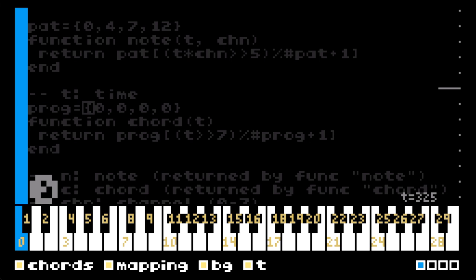So what scale is this? Well, it turns out this is actually a C Locrian. So if we have C and we have E flat, F, G flat, A flat, B flat, C, these notes form the Locrian mode.